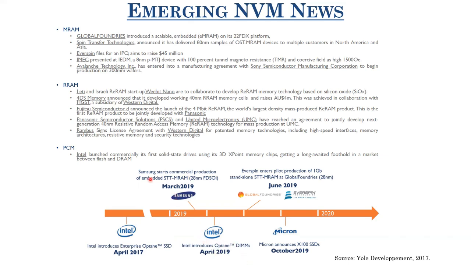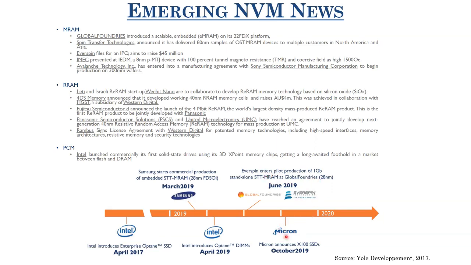Samsung also started its commercial production of STT-MRAM in 28 nanometer technology in 2019 itself. Then Everspin started 1 GB standalone STT-MRAM with GlobalFoundries 28 nanometer in July 2019. And in 2020, they also introduced eMRAM technology, embedded STT-MRAM technology, in their 22FDX node.